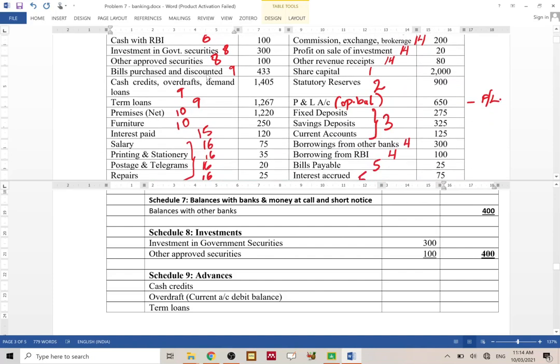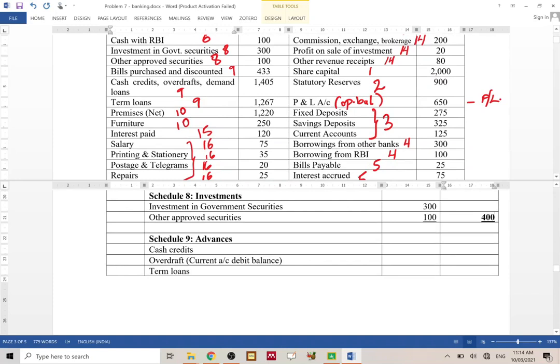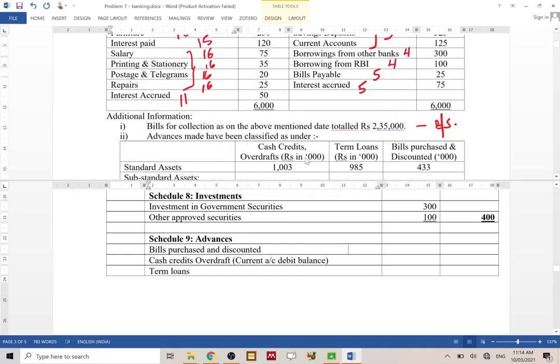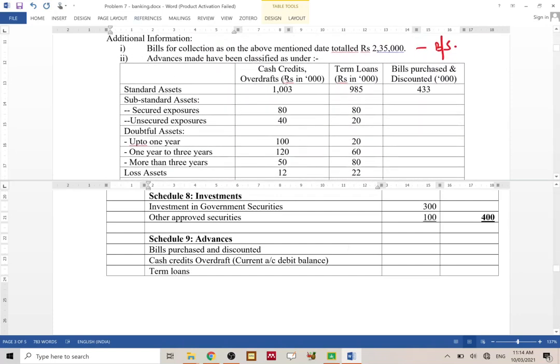Bills purchased and discounted, schedule 9. Bills purchased and discounted, 433. Now understand that this will have certain adjustments. We have been given that there are provisions to be calculated on advances. That means on cash credits, term loans and bills purchased, there is some amount to be calculated as provision.